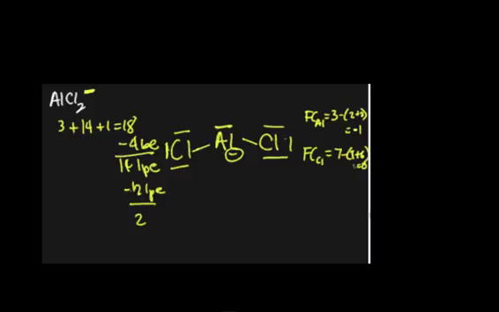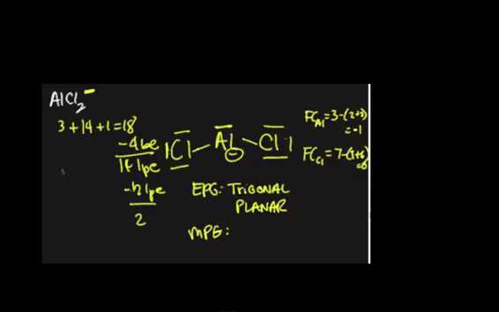Okay. So what's the EPG and MPG? The EPG will be trigonal planar. Good. And the MPG will be bent, since 3 with 1 lone pair is bent, or angular.